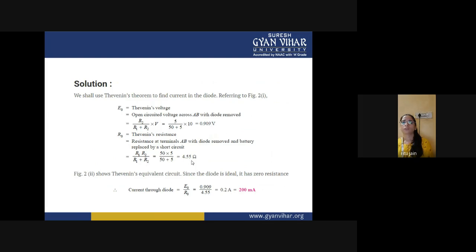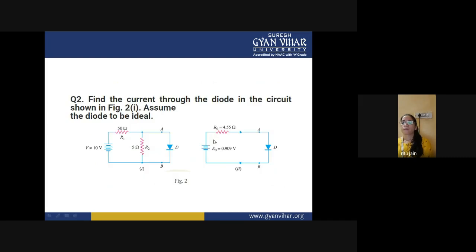Now next you have to find out the Thevenin voltage. So what is your Thevenin voltage? To find out the Thevenin voltage, you have to find out the voltage across this diode terminal. If you want to find the voltage across this diode, you can find the voltage across this resistance, because both branches are in parallel.